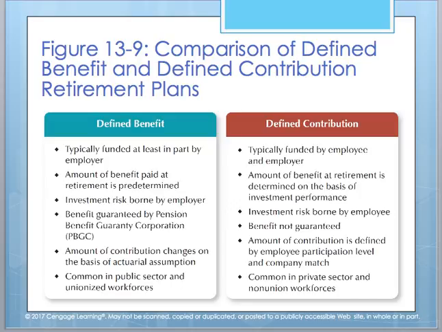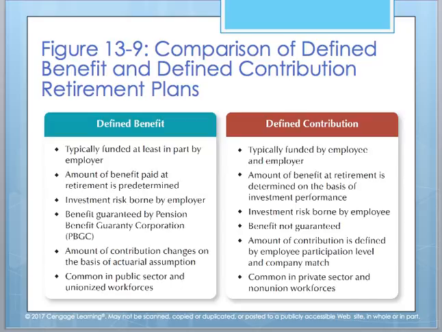Under defined benefit, the amount of your contribution can change based on the assumption of an actuary, while under a defined contribution, the amount of your contribution is defined by you at whatever participation level you choose, and then the company will match your participation level.